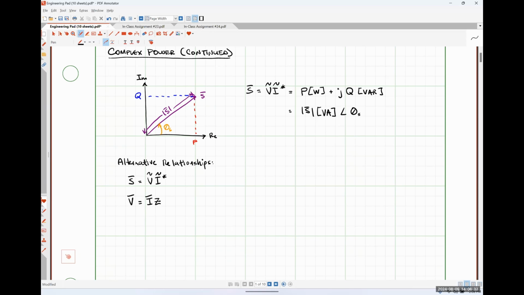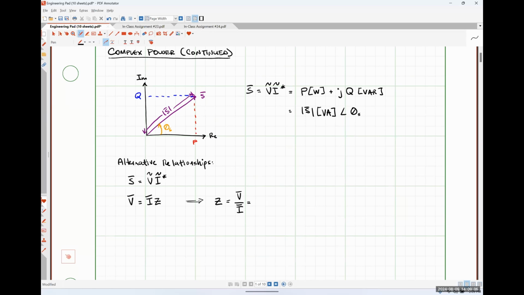Well, we're currently in the RMS phasor domain. So let's look at something here really quickly, right? Based on Ohm's law here, we could express our impedance Z as the ratio of phasor voltage V to phasor current I. In fact, that is literally how we defined it when I introduced the concept of impedance.